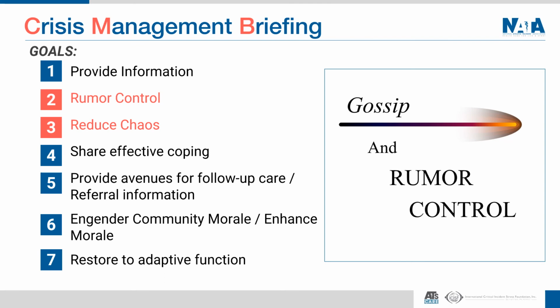Now, this is not an interactive intervention. So at this point in time, you're disseminating information and giving people information on where to go to help or how to get tools or potentially how to mobilize their own coping tools. The interactive tools come later.